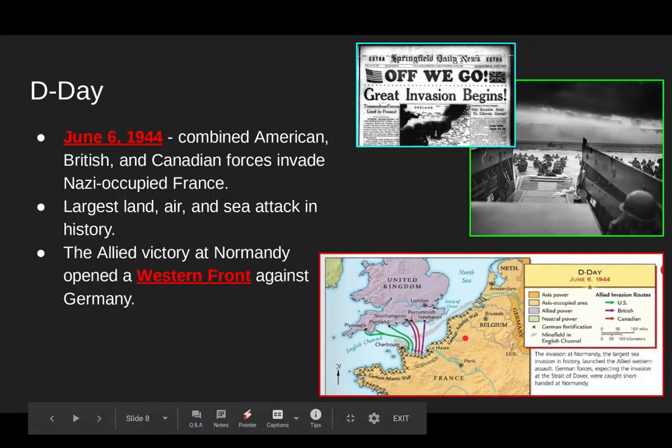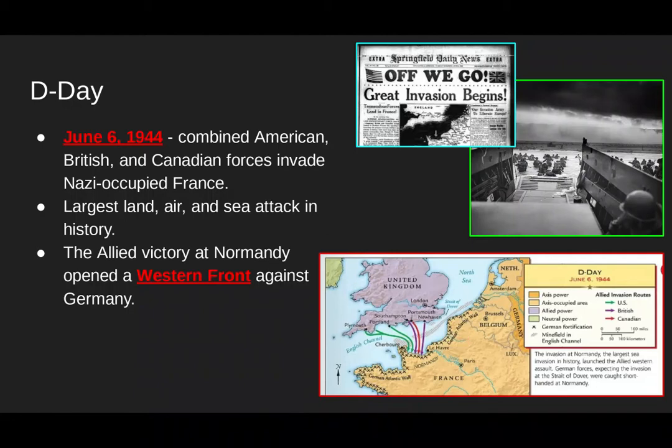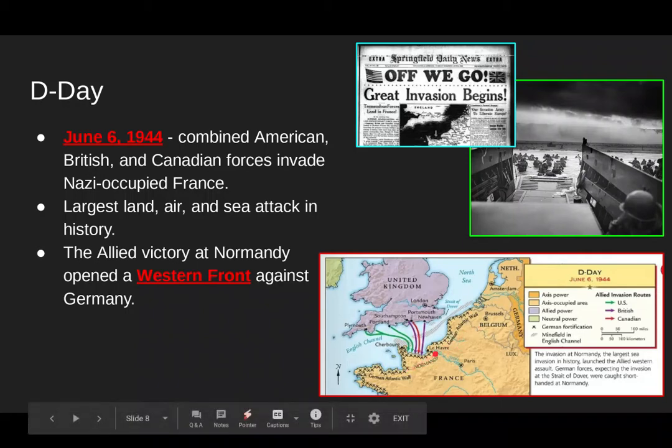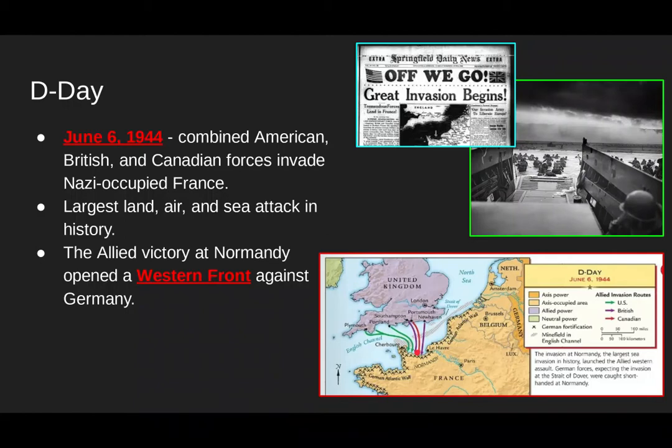France at this point, if you think back to our previous lesson, the French were defeated by the Germans pretty early in World War II, and this northern portion, the coastal portion of France, was under Nazi occupation. The Americans and the British and the Canadians and even the Australians and soldiers from New Zealand, really soldiers from throughout the British Empire, are going to try and land in France to begin that Western Front, to open up a new line of fighting against the Germans in the West.